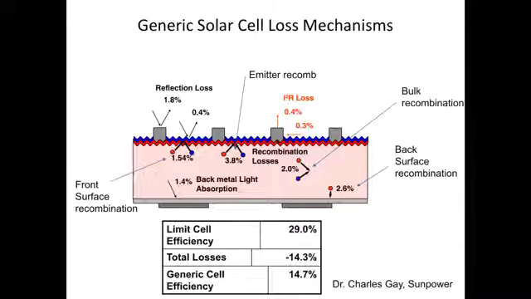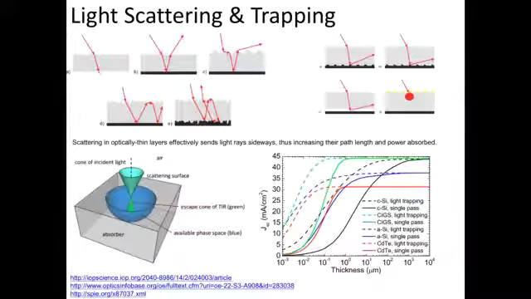I talked a little bit about light trapping. Light trapping is one of these engineering feats that has been employed in photovoltaics to increase the path length of light through a device.